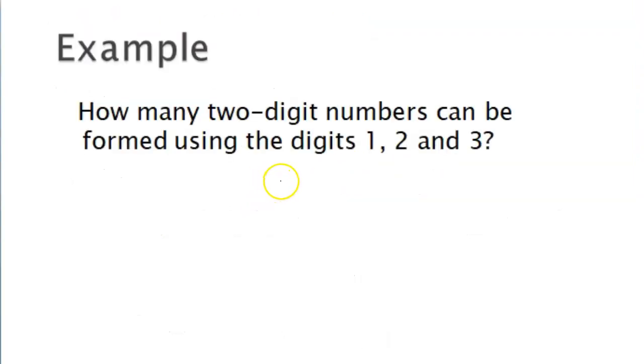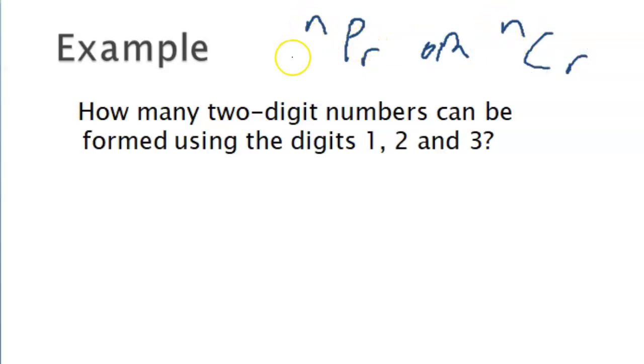Let us begin with a simple example. How many 2-digit numbers can be formed using the digits 1, 2, 3? So the question is, do we use nPr or do we use nCr? Remember, nPr is when the order matters.